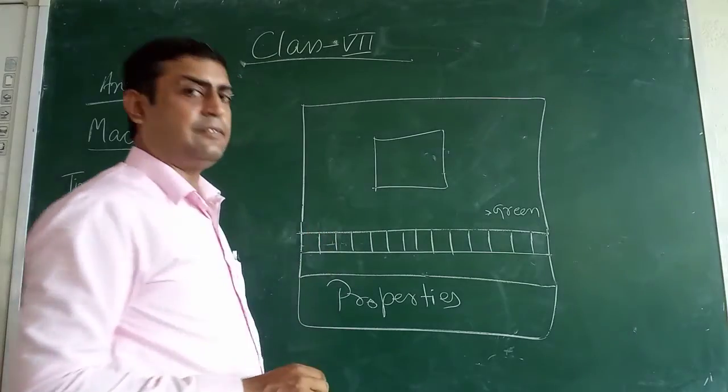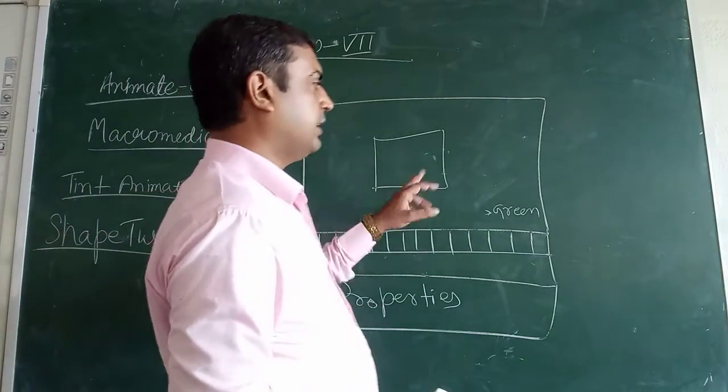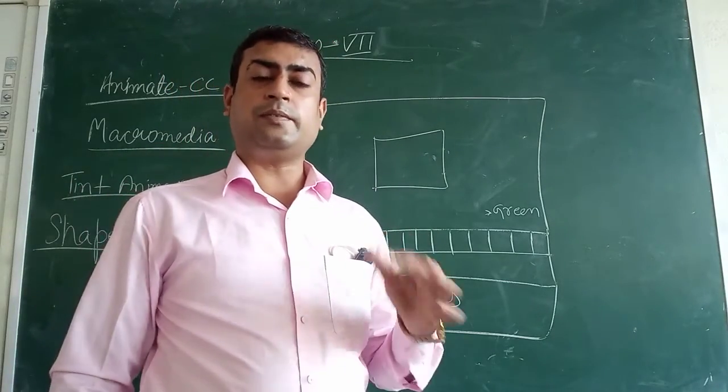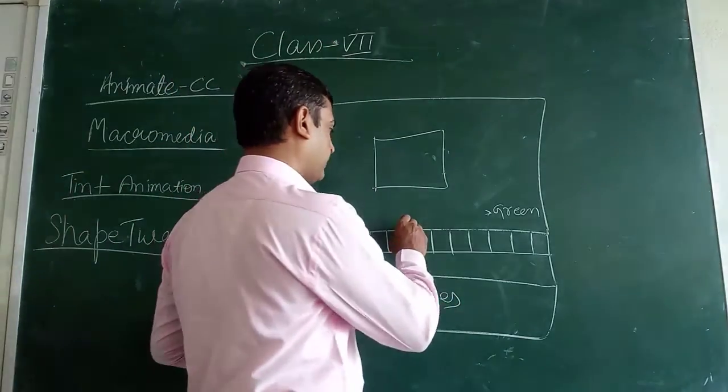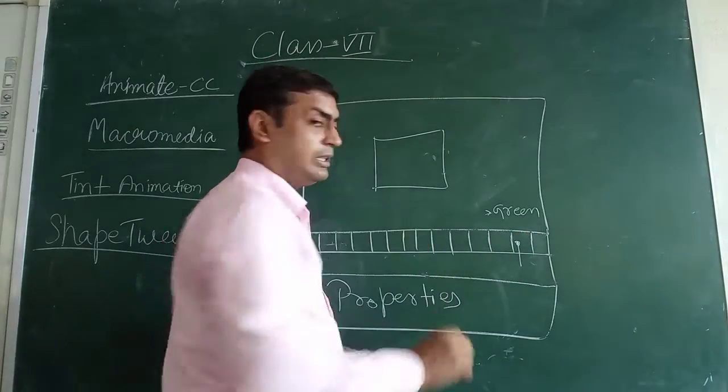On the first keyframe, we have made this square. Now you have to draw one circle after 60 keyframes.